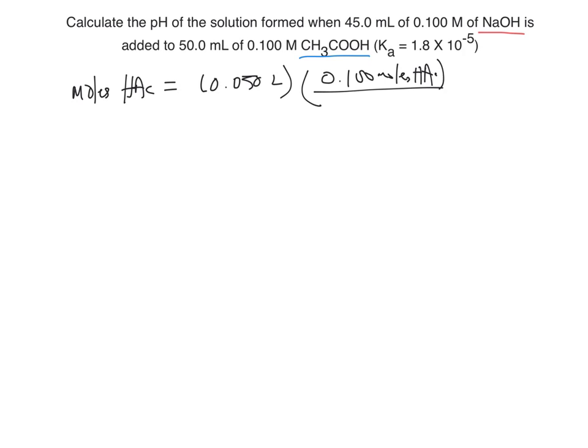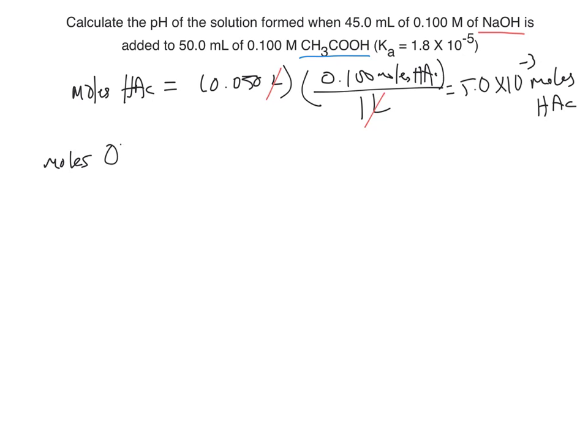This is the molarity. We can cancel the units of liters, and we're going to have 5.0 times 10 to the minus 3 moles of the acetic acid.